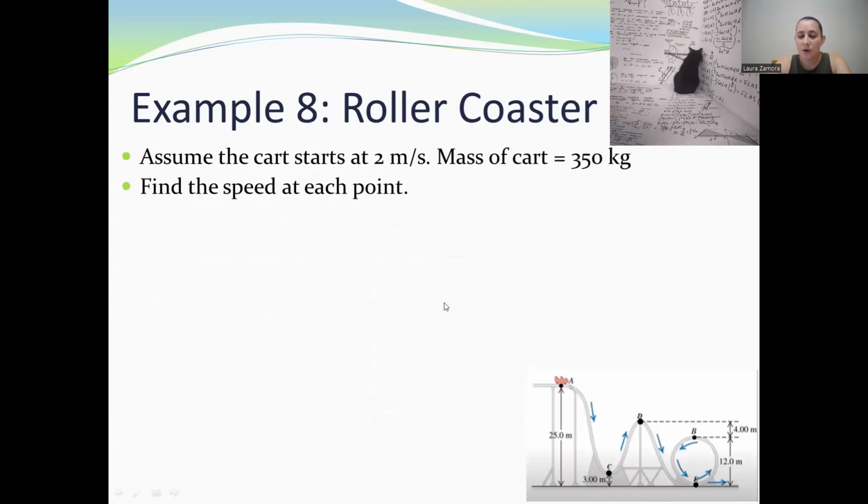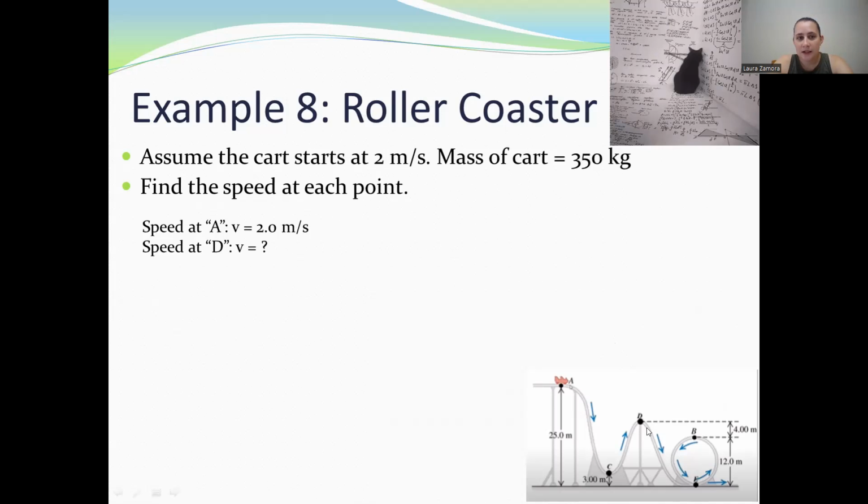All right, so let's take a look at the speed at each point. We already know the speed at A, that was given to us as 2 meters per second. At D, that's our next fastest, right? So I'm going to go in order of slowest to fastest, just like we did in the previous questions.